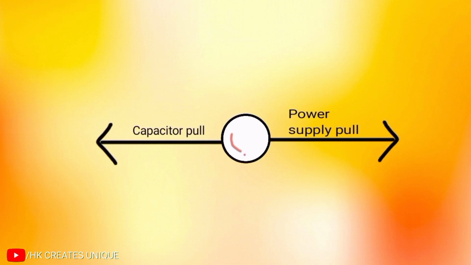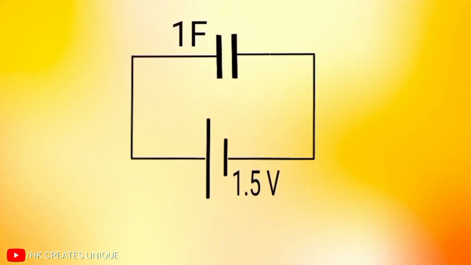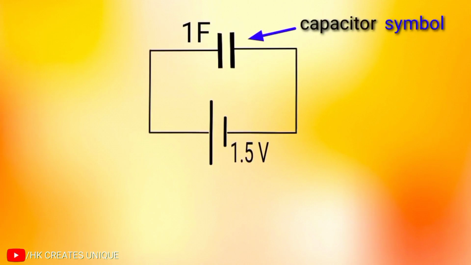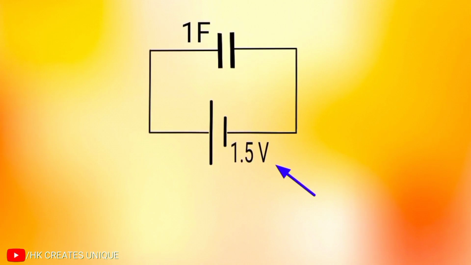In other words, V of the capacitor equals V of the power source. As an example, if you charge a capacitor of 1 farad using a cell of 1.5 volts, the capacitor will charge until voltage across it becomes 1.5 volts.